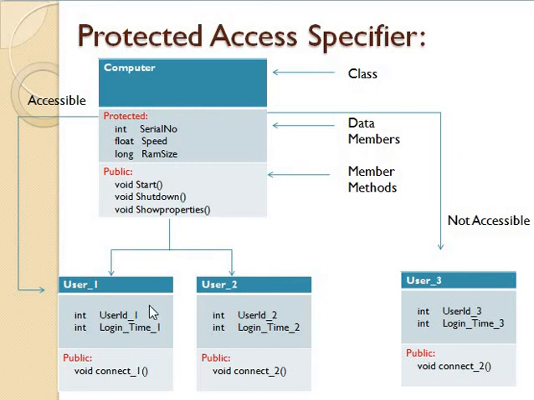But for the data members from the classes user1, user2 and user3, no access specifier has been specified. So these data members from the classes user1, user2 and user3 will come under the friendly access specifier mode by default.